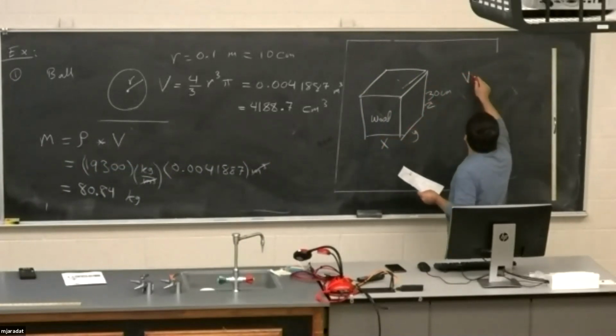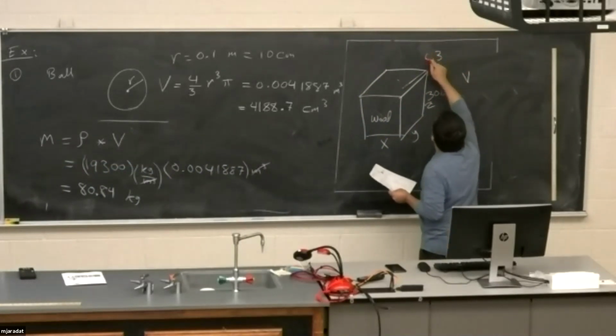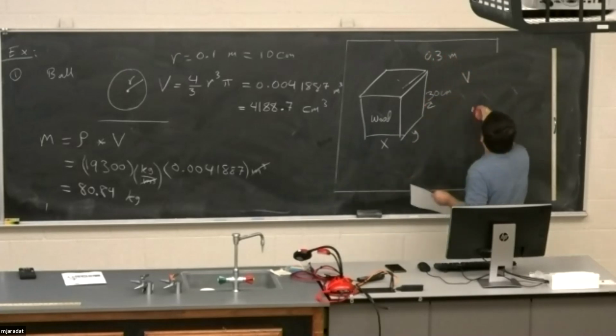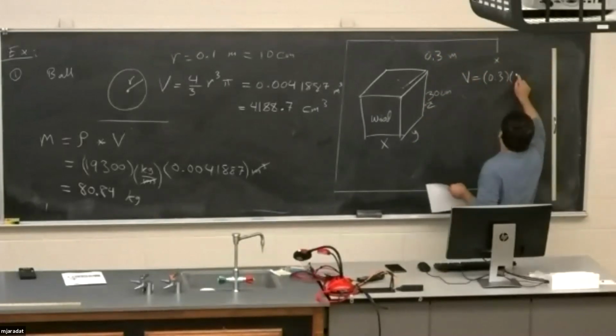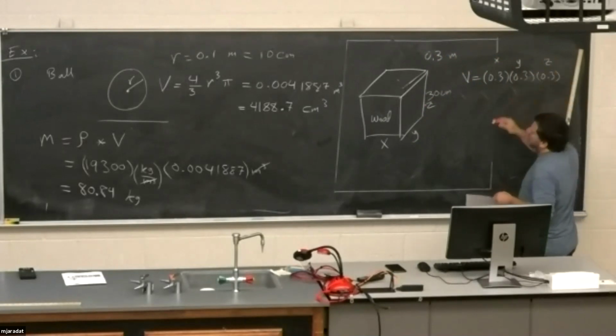So the volume will be equal to 30 centimeters, means 0.3 meter. Okay, so the volume will be equal to 0.3, which is x, multiplied by the same thing, which is y, multiplied by 0.3, which is z.